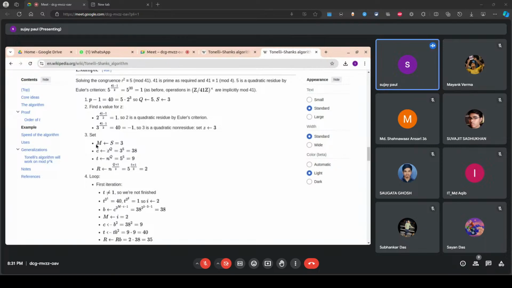Hence, m equals 3, c equals z to the power q, that means 3 to the power 5, mod 41, that is 38.